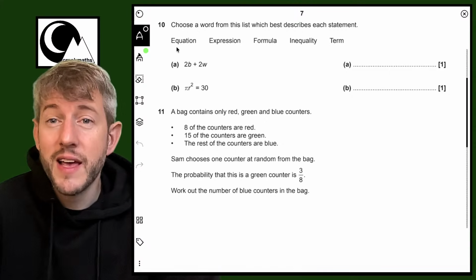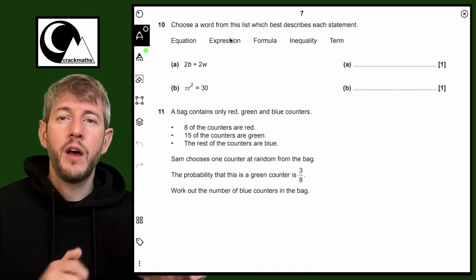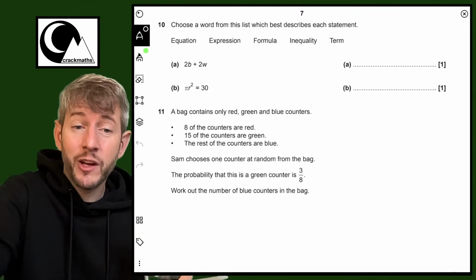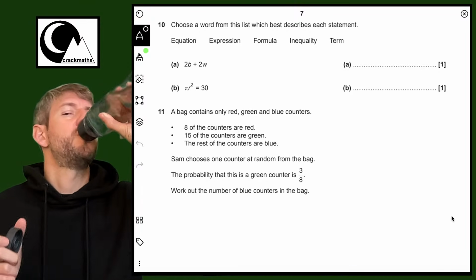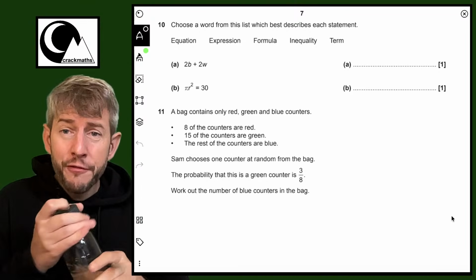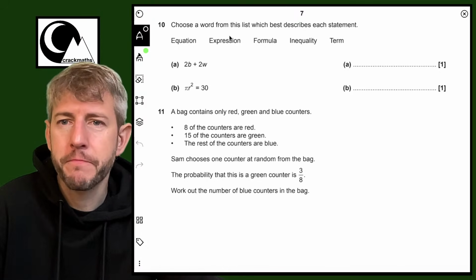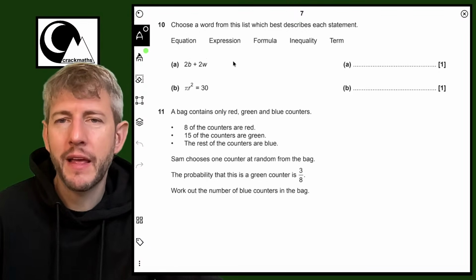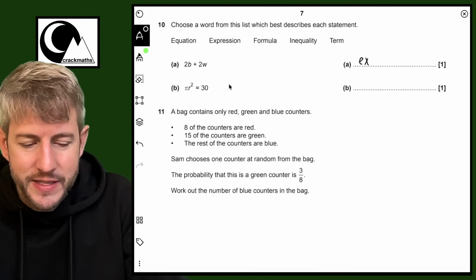So question 10 says, choose a word from this list that best describes the statement. We've got the words equation, expression, formula, inequality, and term. So the first one is an expression, okay, because there's no equal sign. If you see algebra just written down casually with no equal sign, that means it's an expression.